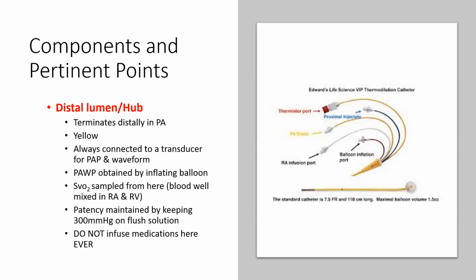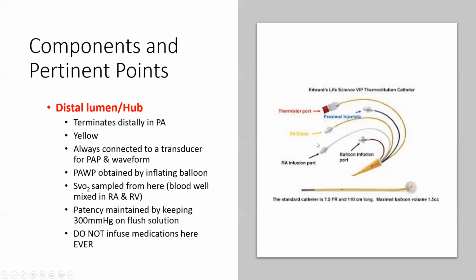Now, for those of you who work in open heart surgery or post-open heart, mixed venous samples can be drawn also from this port. Okay, so how do we maintain the patency of the distal lumen?